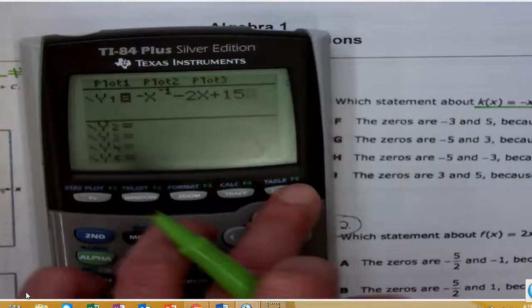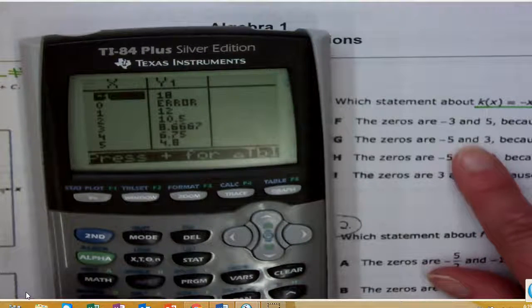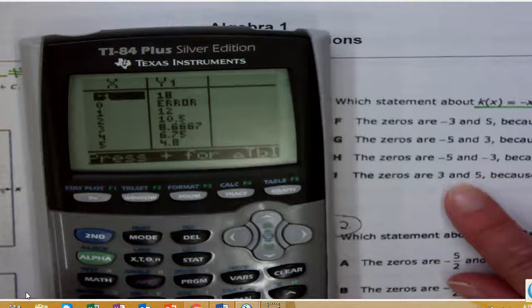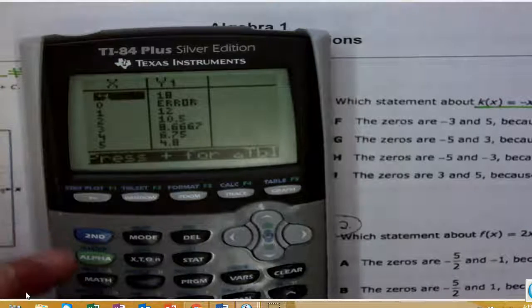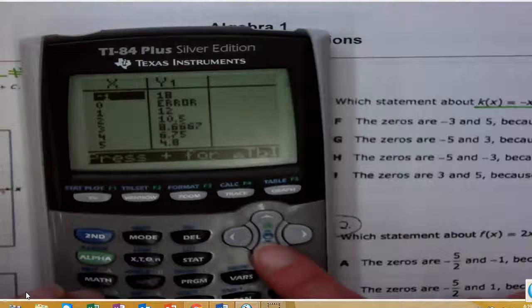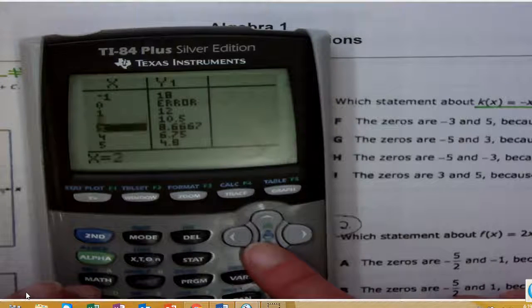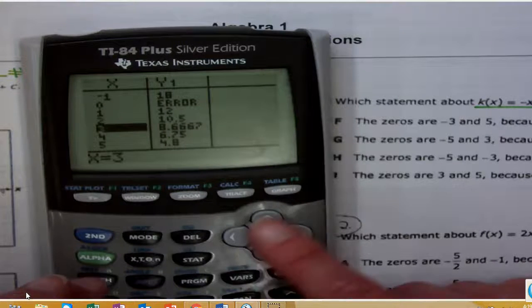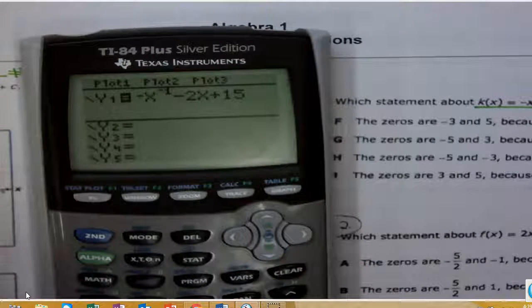And I'm going to go to my table, and I'm going to look at -3, -5, -5, +3. I'm going to look at these zero numbers and see which of these happens. Oh, that's interesting. Did I plug that in correctly? Oops, I did not. That needs to be 2.